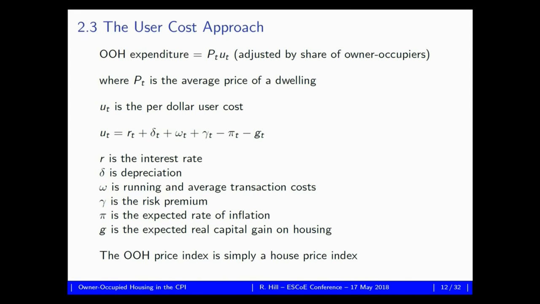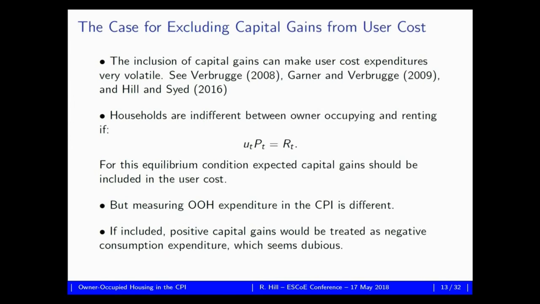Gamma is a risk premium to capture the differences in the risk of owning versus renting. In our empirical comparison, we set that to 0 because it's not even clear whether that's positive or negative. Then you've got the expected rate of inflation, and last of all, the expected real capital gain on housing. This is what causes the biggest problems with the user cost approach: you don't observe expected capital gain, so how do you compute it?